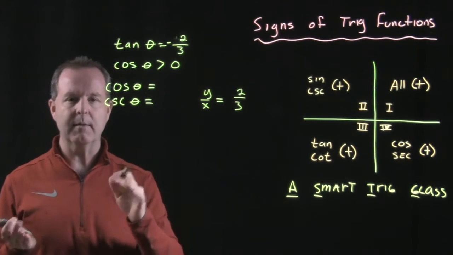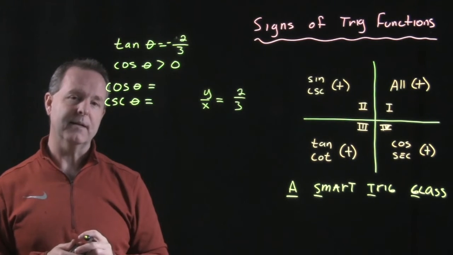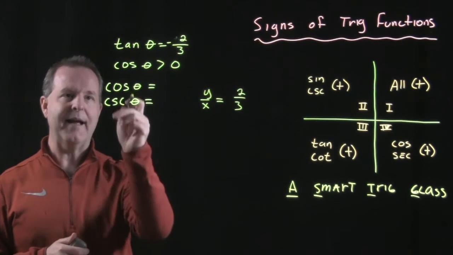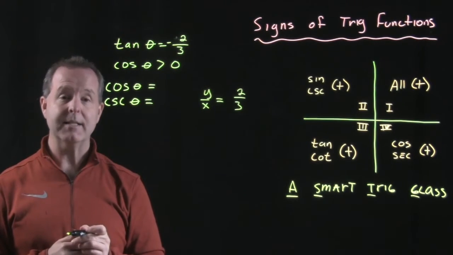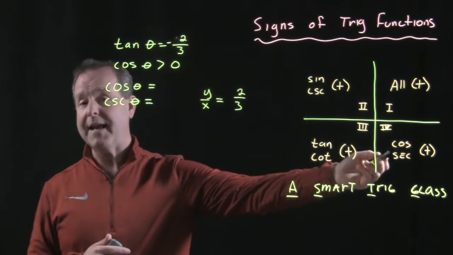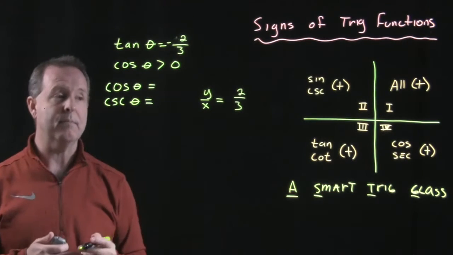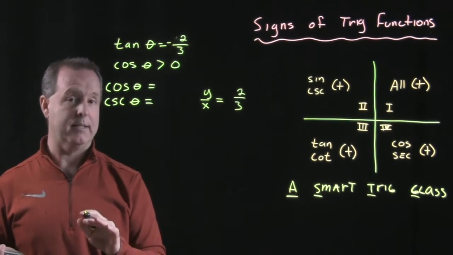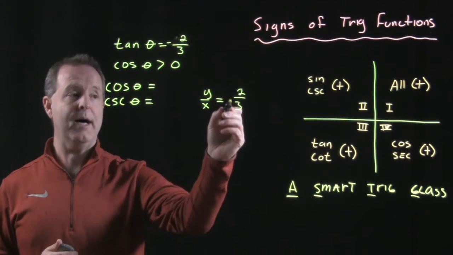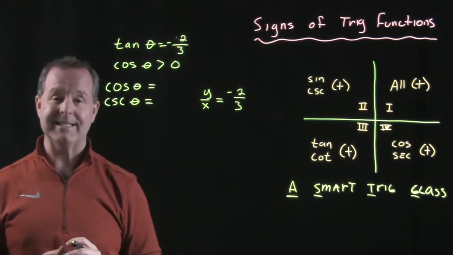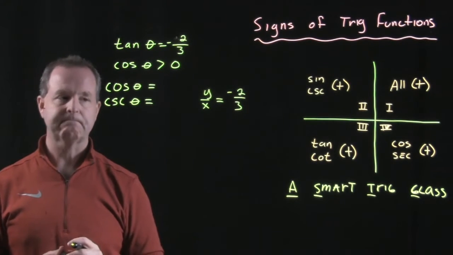So how can we determine which value the negative is associated with? That's where the cosine of theta being positive comes in. If the cosine of theta is positive, that tells me my x values are positive. So if my x is positive, then my y has to be the negative 2.